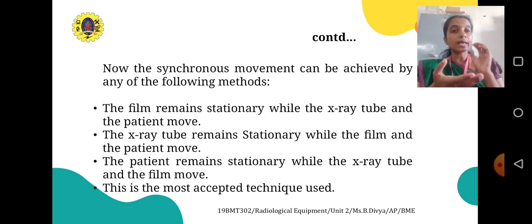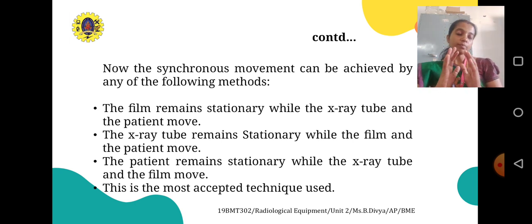Next one is the X-ray tube remains stationary while the film and the patient move. Third one is the patient remains stationary while the X-ray tube and the film move. These three will be moving alternatively. If it happens, the process is done perfectly, or else we will not have any proper images.